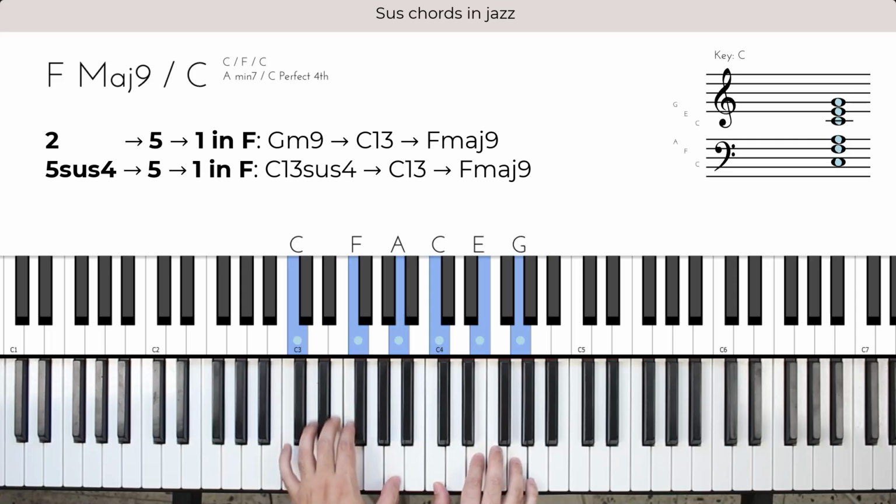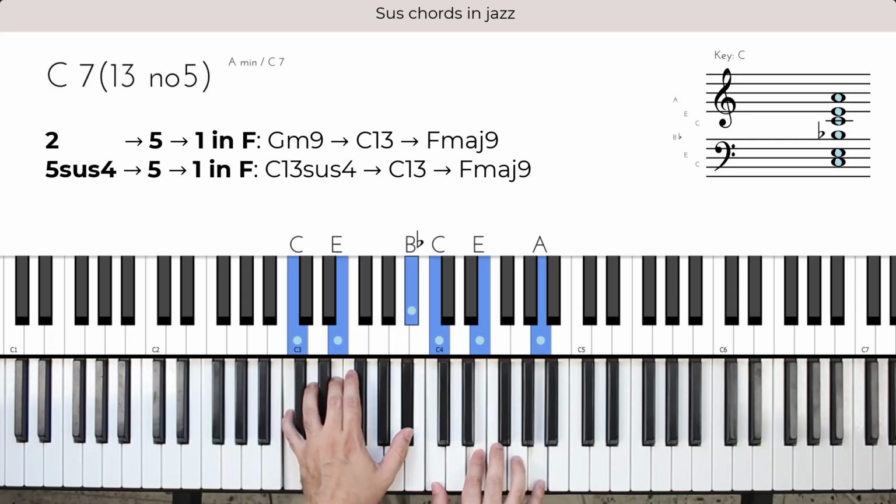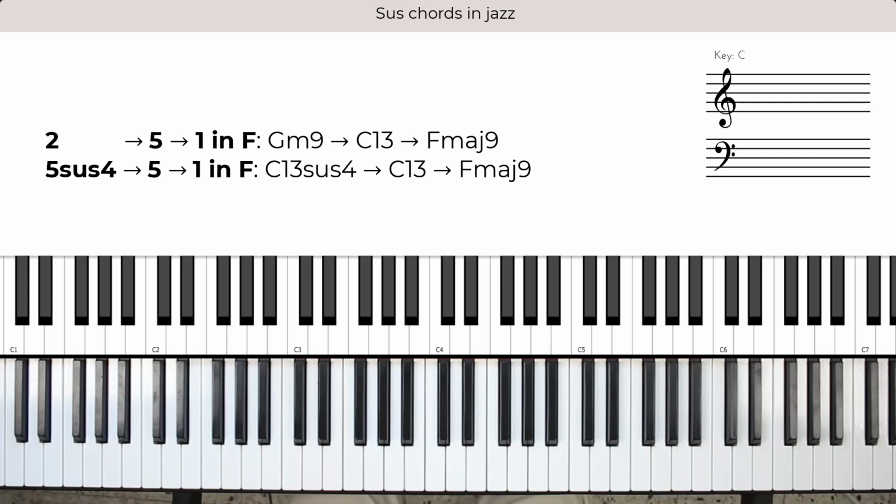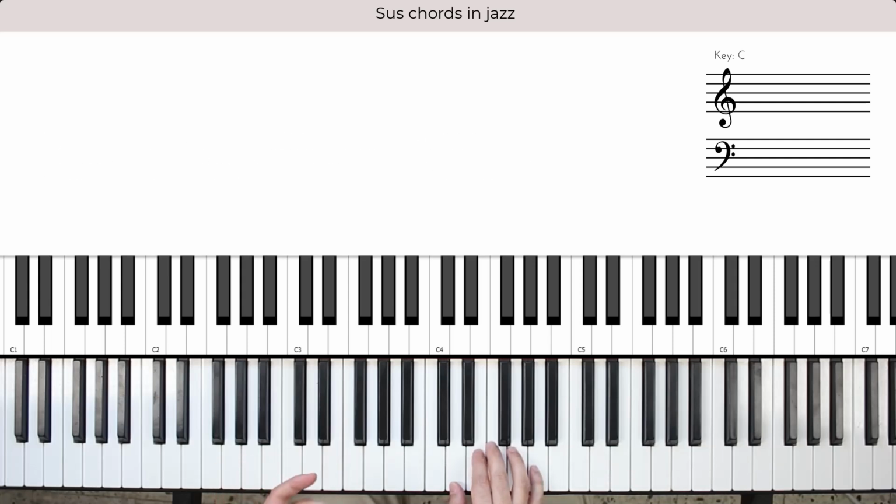But what I'm not doing now is something like this. Sus voicings lend themselves quite nicely to chromatic motion, so you might do something like this.